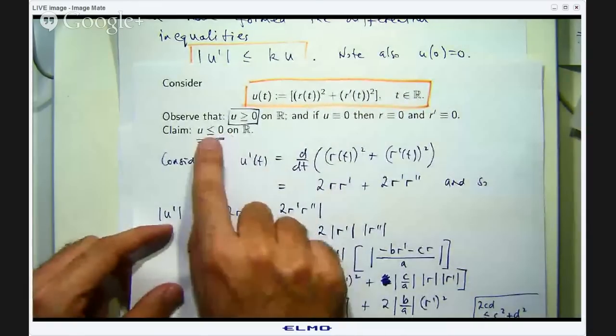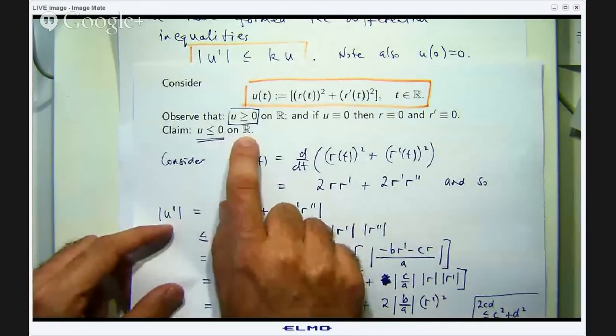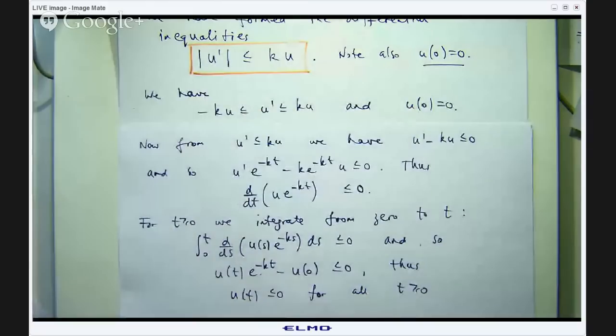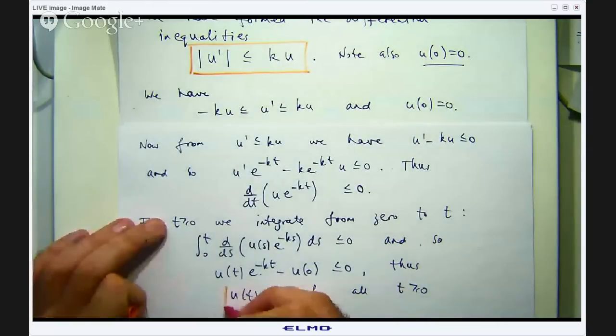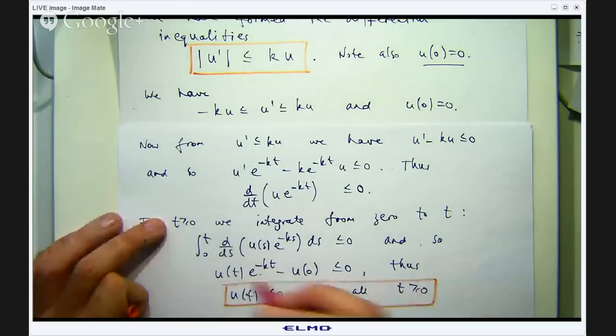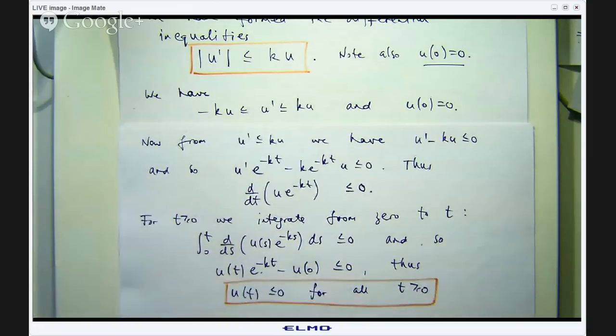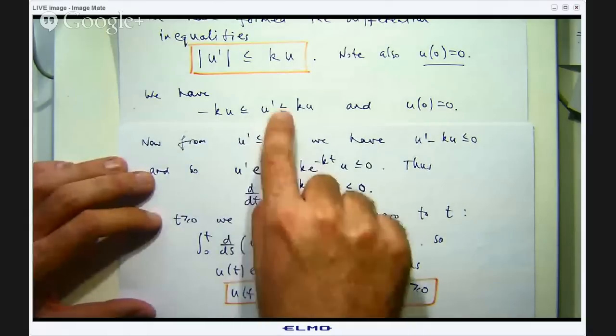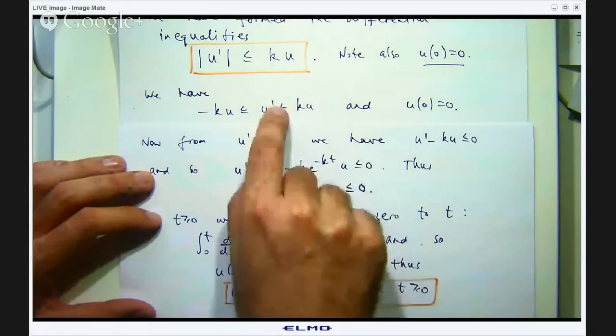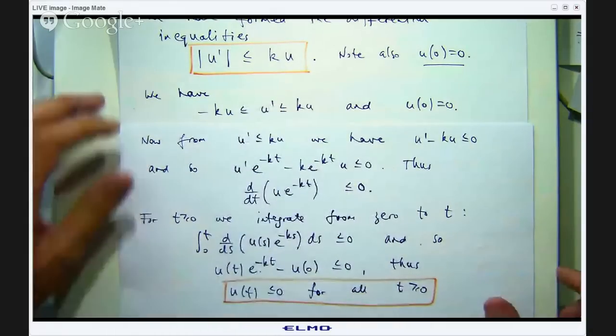We've shown that this is true for t greater than or equal to 0. Fantastic. So now what we want to do is show that the same inequality holds for all t less than or equal to 0. Up here I used the right-hand inequality. Let's use the left-hand inequality and work on the case t less than or equal to 0.